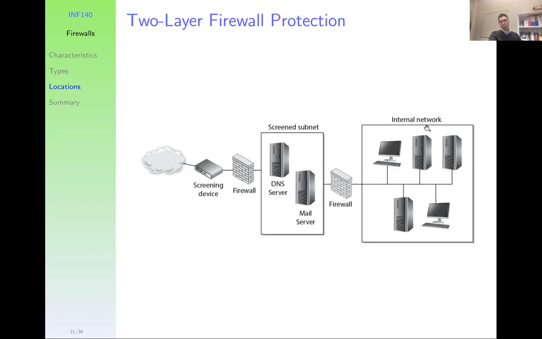If you consider this internal network as a student lab in the department, then it's quite natural to set the rule that Facebook, Twitter, this social media, or other irrelevant websites should be blocked by the firewall here. Then the computers in the lab will only have access to some websites that are related to student study, not something else.